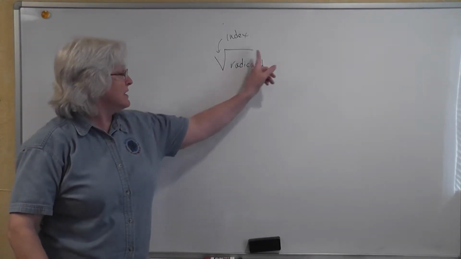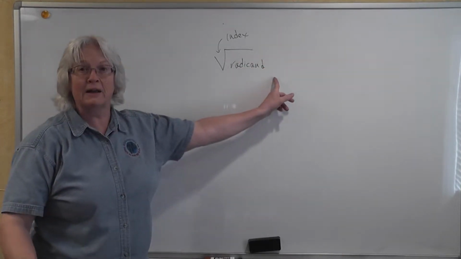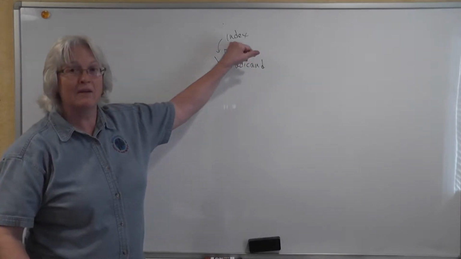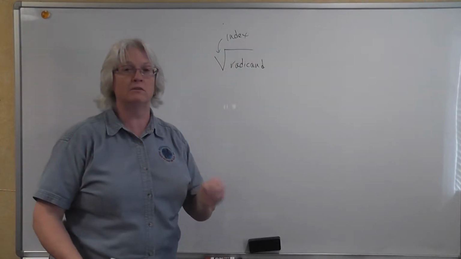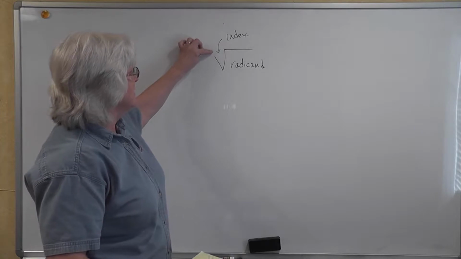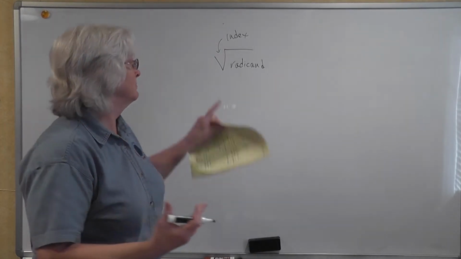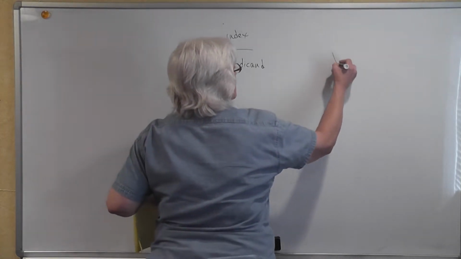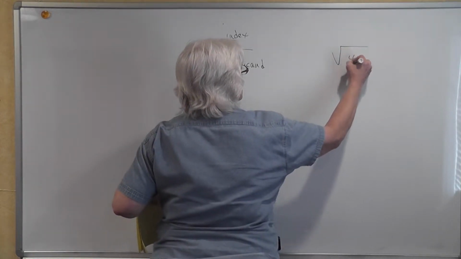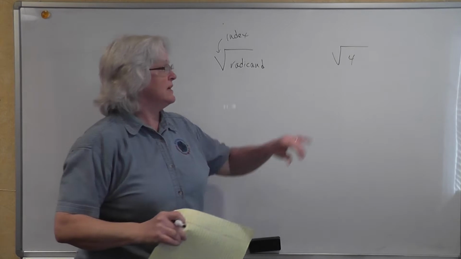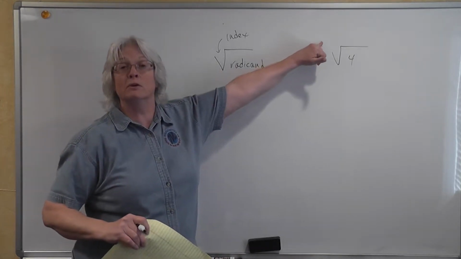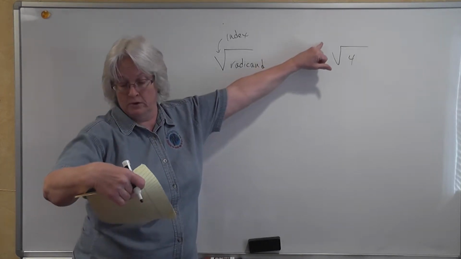We have a radical sign, we have the radicand, and we have the index. And what you need to know is that if the index is not visible, it's a 2. What's the index here? It's a 2 because it's the square root.